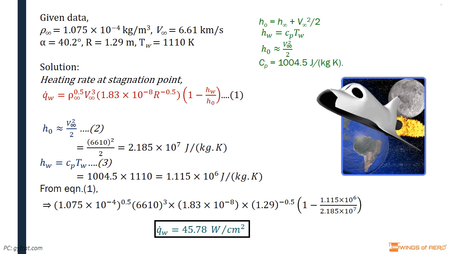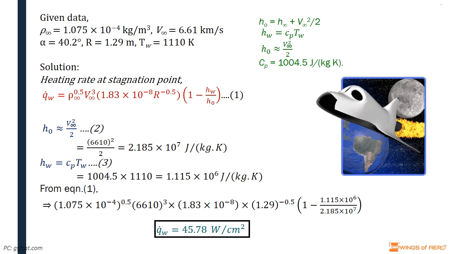Thus, at high speeds, the total enthalpy h_0 is approximately equal to V infinity squared divided by 2. Now, substitute the value of velocity in the total enthalpy expression and solve. We get h_0 as 2.185 × 10^7 joules per kilogram.